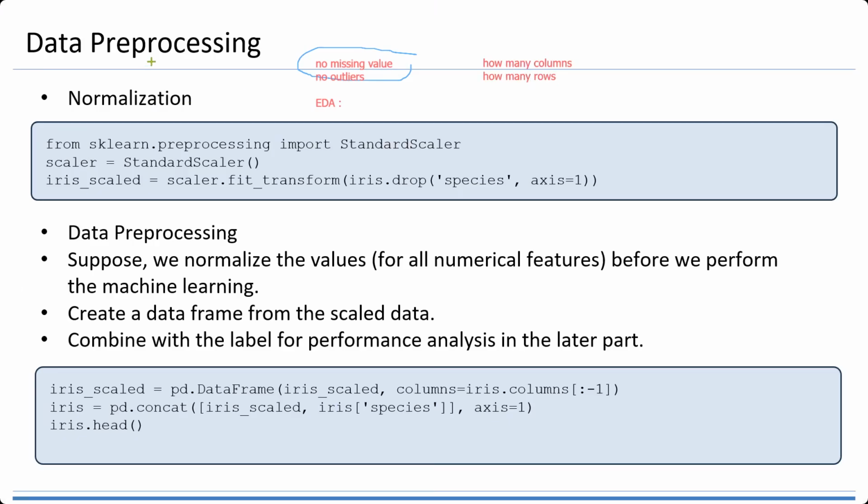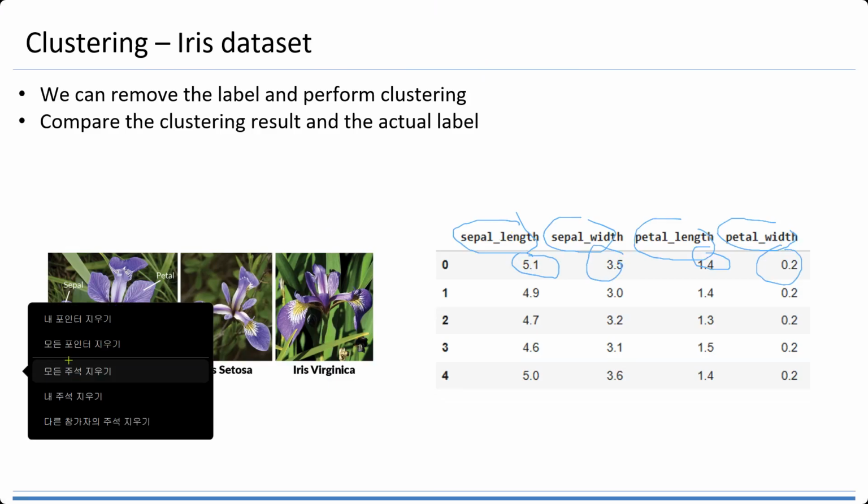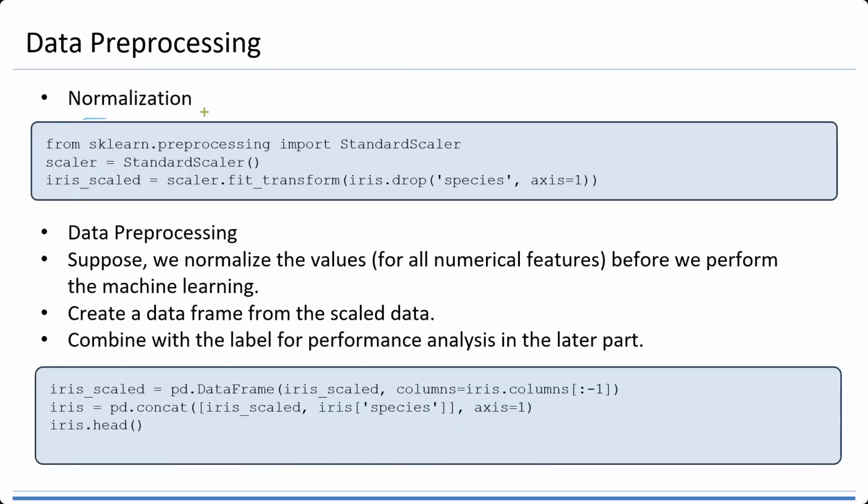Now we are going to check the iris dataset, and we know that all the data are in the numerical. You can see the sepal length, sepal width, petal length, petal width. They are numbers, numbers, numbers, numbers. Suppose I'm going to do with the normalization. Okay. So you already know normalization.